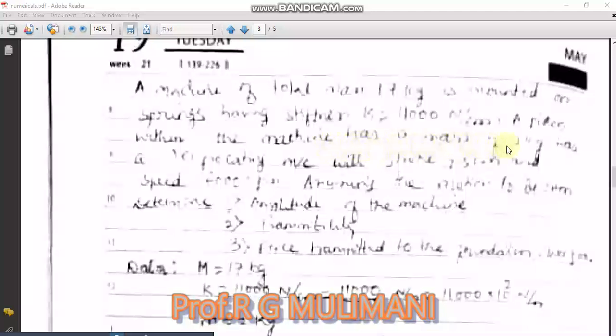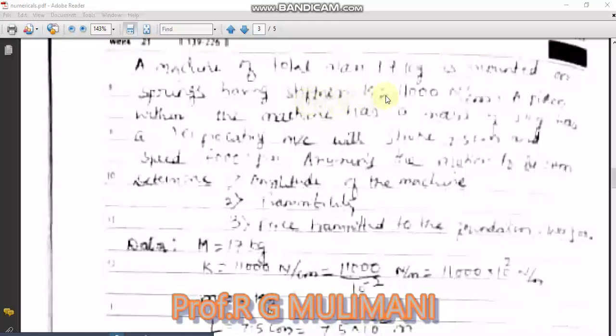The machine has a reciprocating mass of 2 kg with a stroke of 7.5 centimeter, and the speed is 6000 rpm. Assuming the motion to be simple harmonic, determine the amplitude of the machine, the transmissibility, and the force transmitted to the foundation. Here total mass capital M is 17 kg, small m is 2 kg, and speed is given as 6000 rpm.